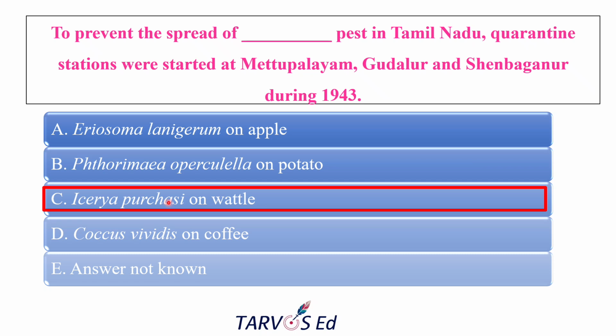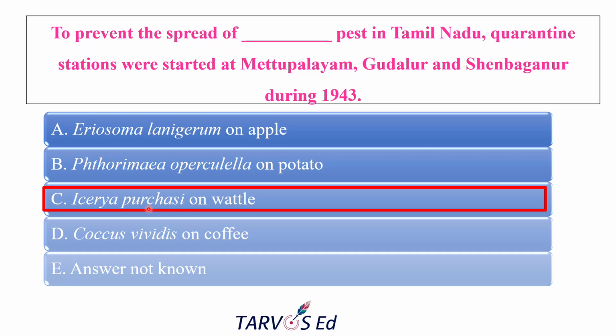It can be easily carried through the wind. So quarantine was the main control before the biological control with Rodolia cardinalis. In order to control this pest, Rodolia cardinalis was imported from a foreign country. Rodolia cardinalis is the Vedalia beetle. It is a biological control for this pest. That also you should know.